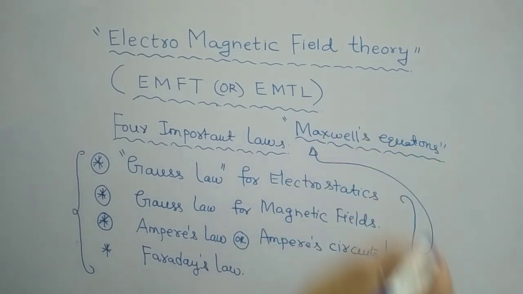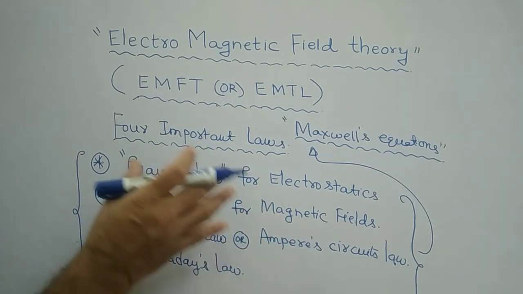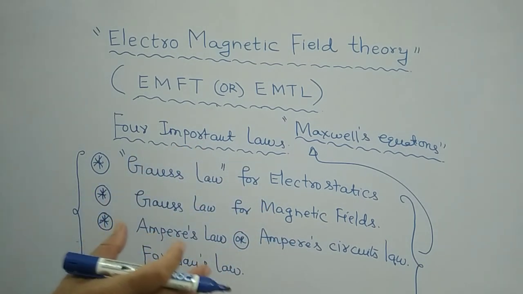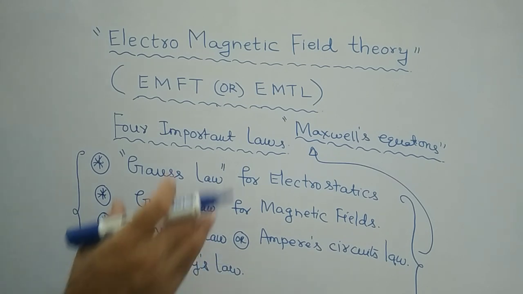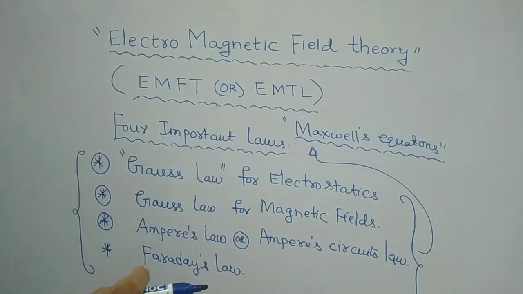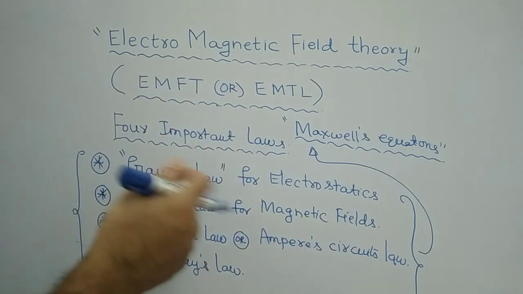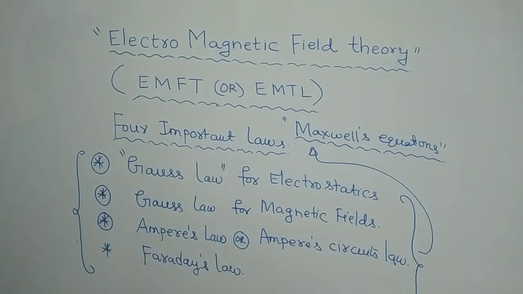If you see the syllabus of this particular subject, the first and the second units cover the electrostatic fields. Normally for engineering graduates, according to the university syllabus, the first two units cover electrostatic fields, and the subsequent two units cover magnetic fields.